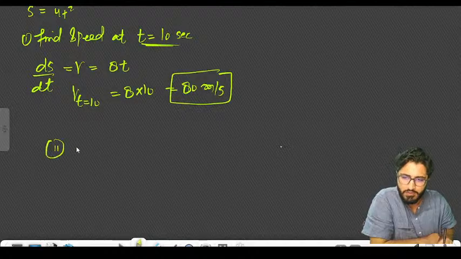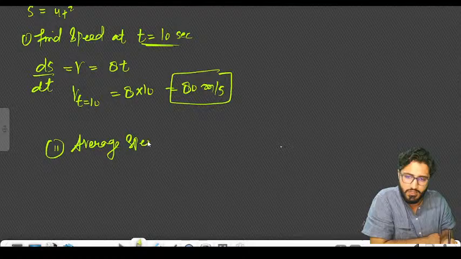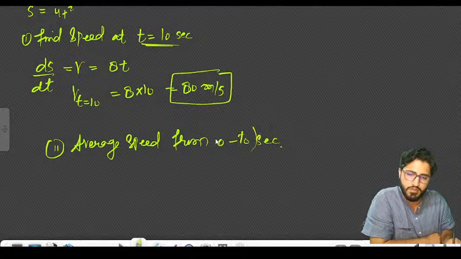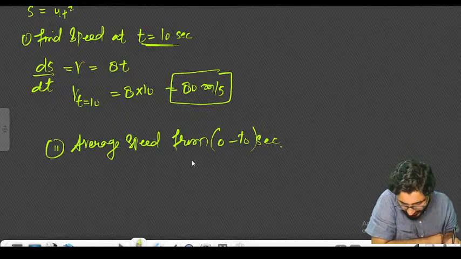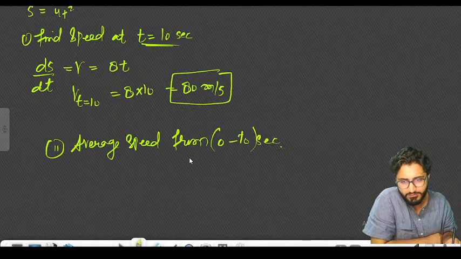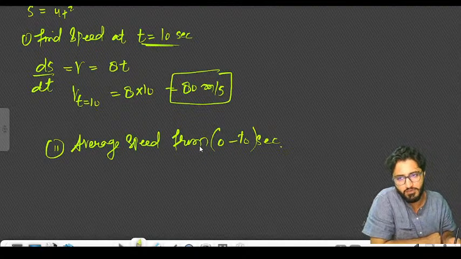Second part, if I give you the question as average speed from 0 to 10 seconds, how to find the average speed? Simple.